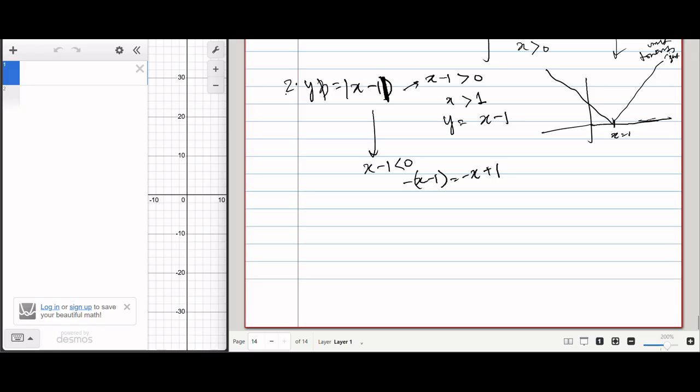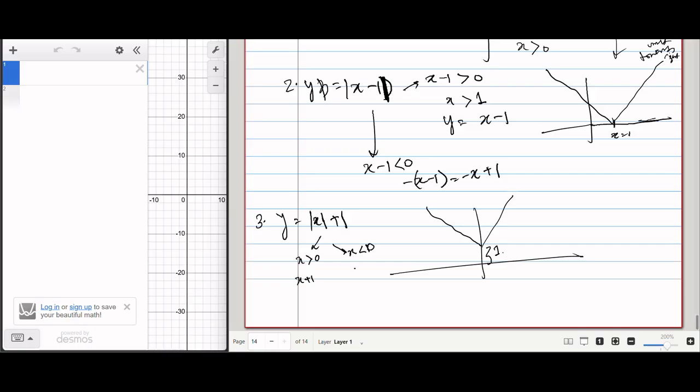Okay, now if we want to plot y equals mod x plus 1, it will just shift upwards by 1 unit. We can also do this analytically: for x greater than 0 it will be x plus 1, and for x less than 0 it would be minus x plus 1. Okay.